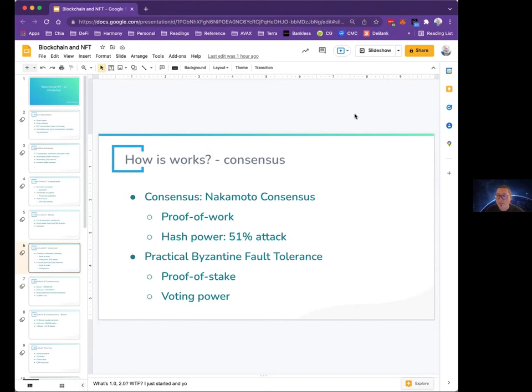But as I said, this is mostly applicable to Bitcoin, because Bitcoin has the most miner participants in the network.